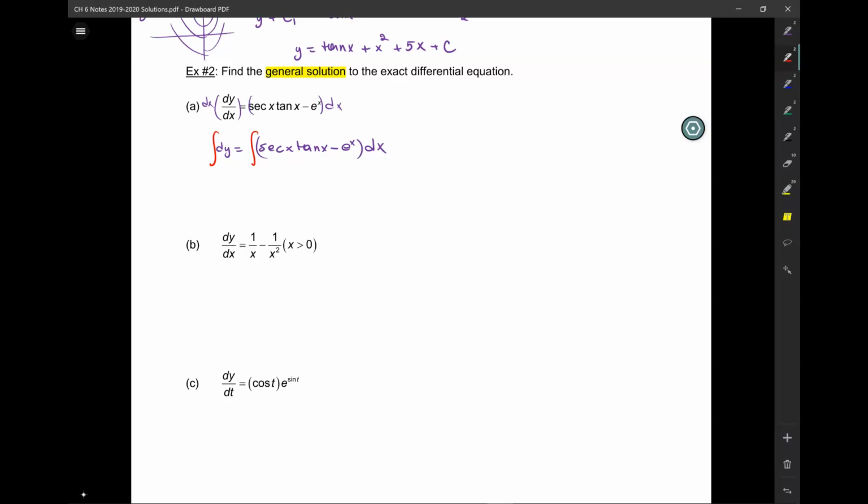Every single time, the c's are going to combine into one c. So I can skip the formalities and just say y equals secant x minus e to the x plus c. One shot. Okay?